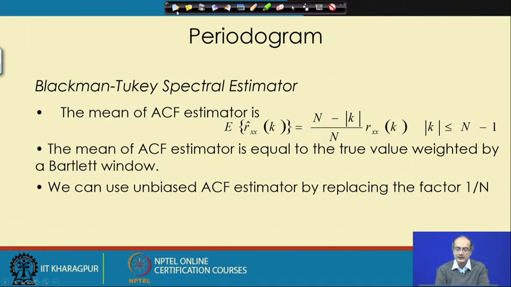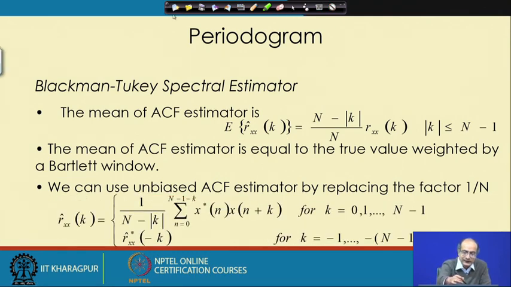And the first fix that comes to our mind, to make it an unbiased ACF estimate, is to change the formula of the estimate of the autocorrelation. Instead of using 1 by n, we can at least use the number of terms present in the summation.